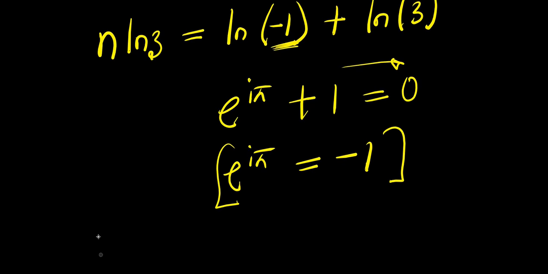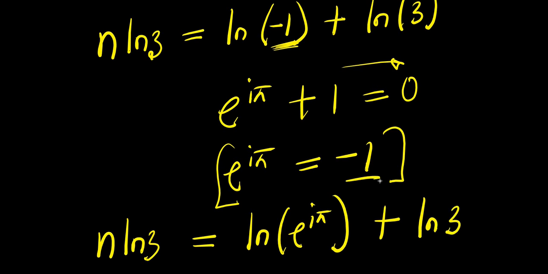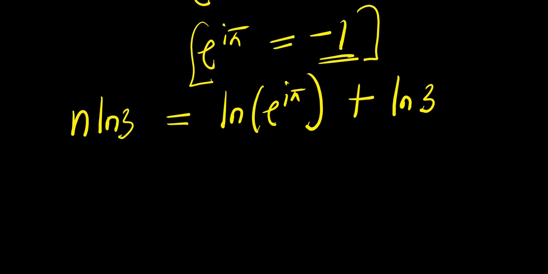That means you have n times natural log of 3 equals natural log of e to the power of I times pi plus natural log of 3. Instead of writing -1, we write e power I times pi. Now from here, we have n times natural log of 3 equals.